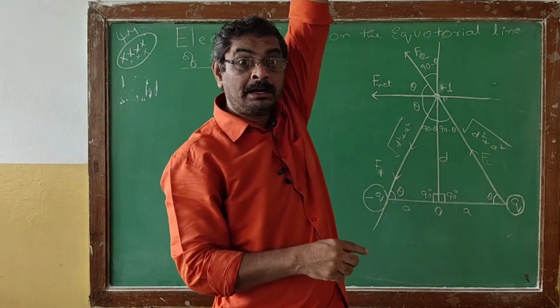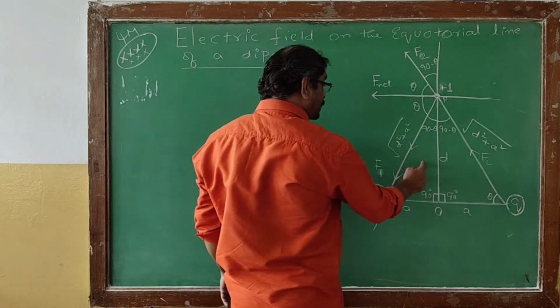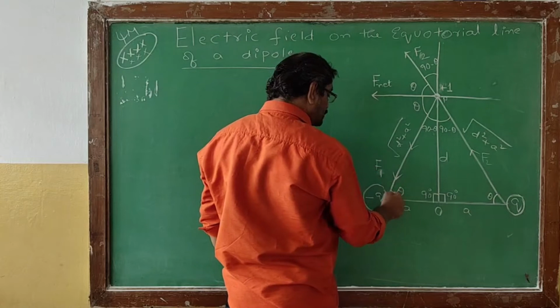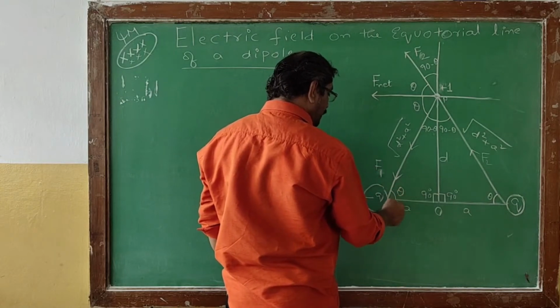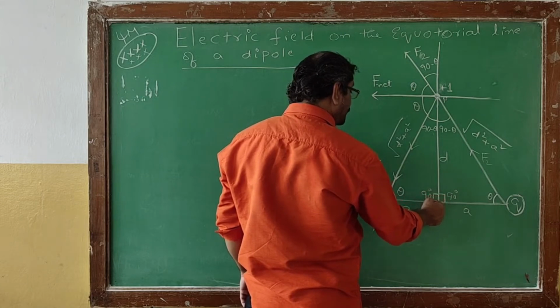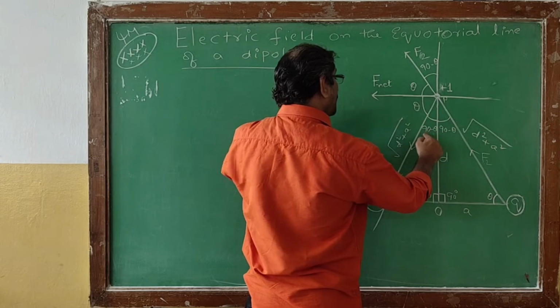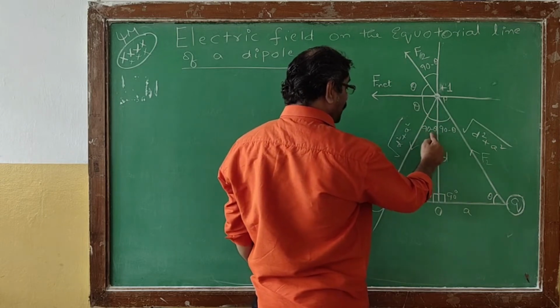So you concentrate on the first triangle. In the first triangle, this angle will be theta, this angle will be 90 degrees, so the remaining angle will be 90 minus theta.